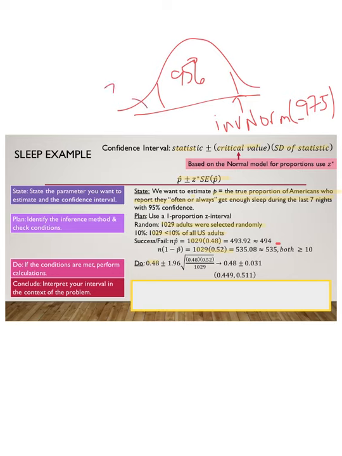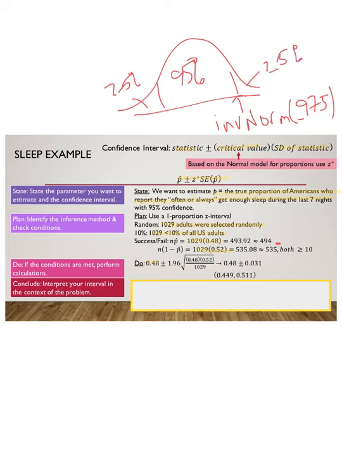Because this would be 2.5% and this would be 2.5%. And when you do, you get 1.96 times the standard error, the square root of 0.48 times 0.52 divided by 1,029. From here, it becomes a calculator step, and you should get an end result of about 45% to 51%.